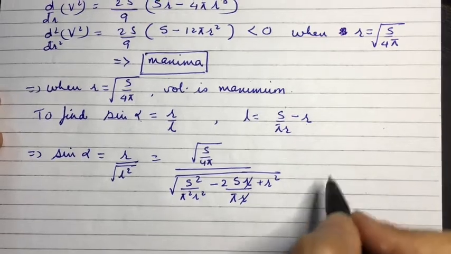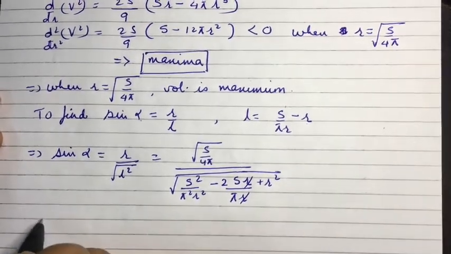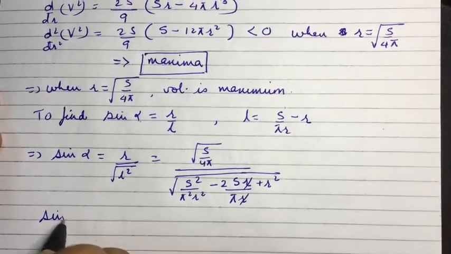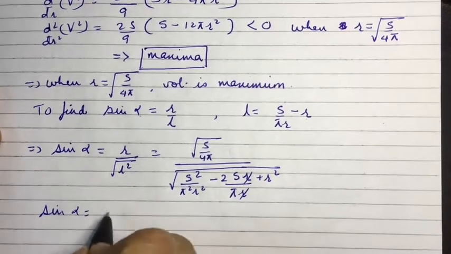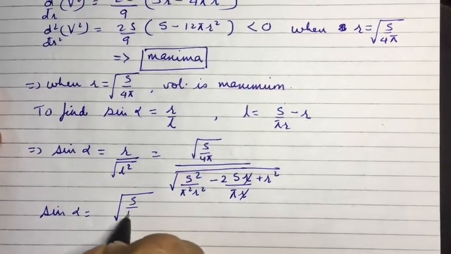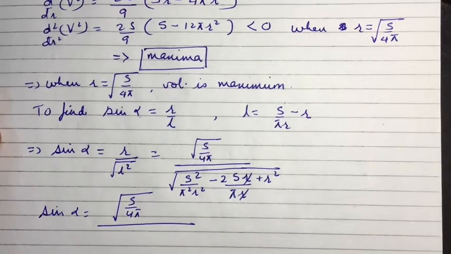This gets cancelled, and so this becomes sine alpha equal to square root of s over 4 pi whole upon.